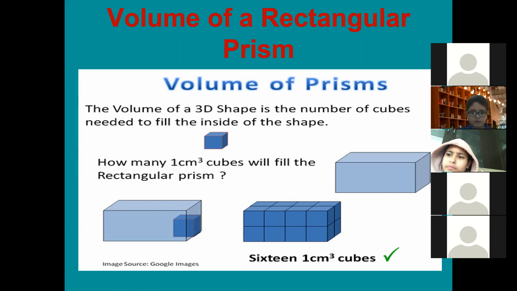How did you get 16? Because 16 one-centimeter cubes fit into that prism. So the volume of the prism is 16 one-centimeter cubes, and you will write the unit as cubic centimeters.